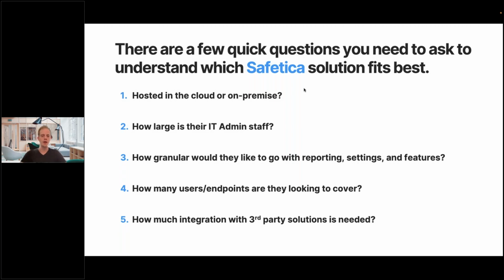Once you get over 4,000 users or endpoints, you would need to spin up an additional server or virtual machine or something along these lines to deal with the capacity. But Safetica 1 can go far beyond 4,000 as well. So if it's a larger environment, then Safetica 1 would make more sense. If it's a smaller environment, nothing crazy, then Safetica Next would make the most sense.